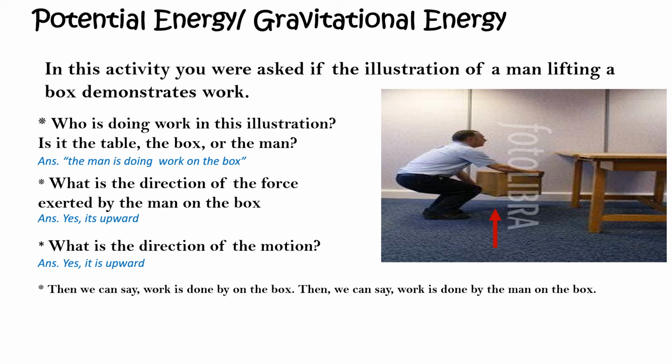So we can say that work is done on the box. Then we can also say that work is done by the man on the box. So the activity demonstrates that the work is done on the box.